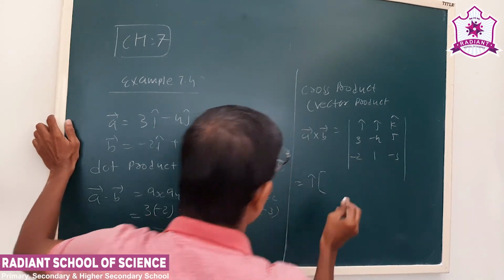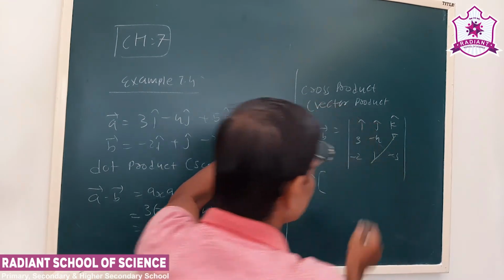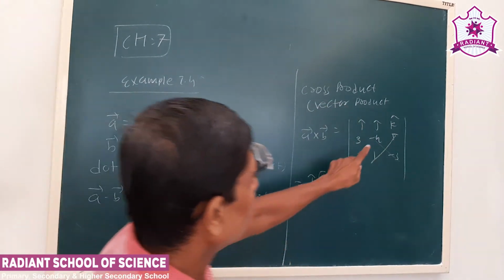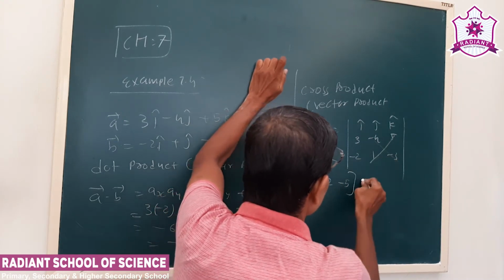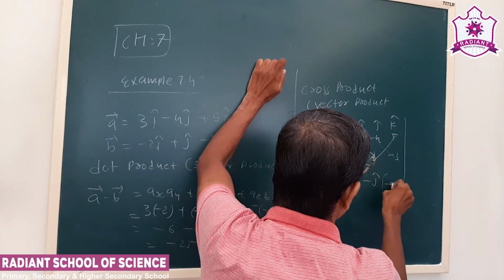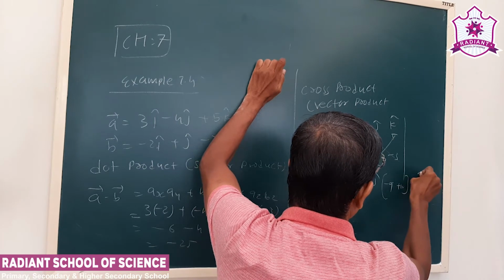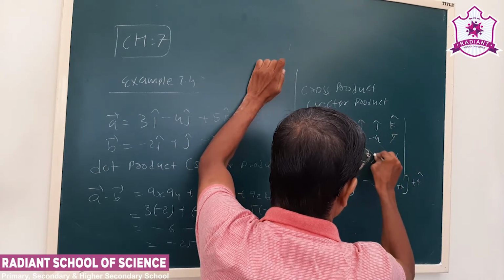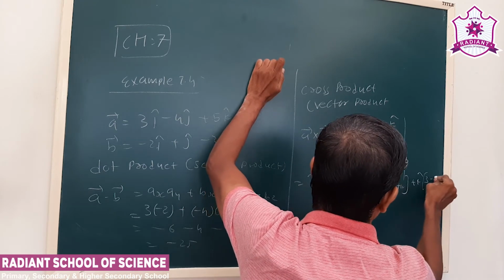Now see the coefficient of I caret. We take right diagonal minus left diagonal. So that will be minus 4 into minus 3 is 12 minus 5. Minus J caret, right diagonal minus 9. Here it is minus 10, but minus minus will be plus. K caret again, see the right diagonal, that is 3. This will again be positive, so minus 8.